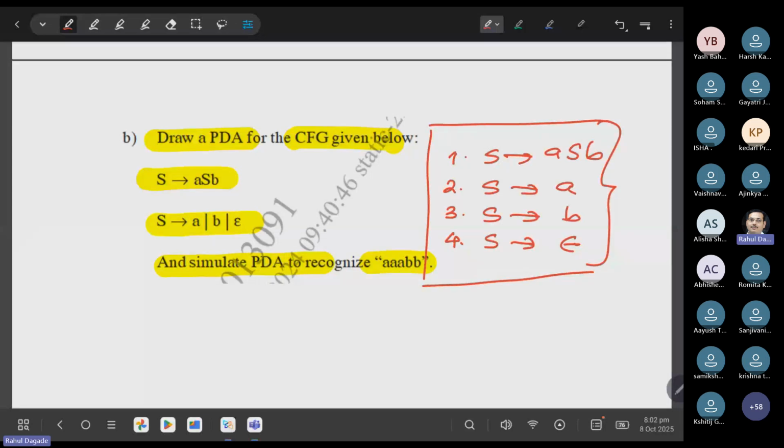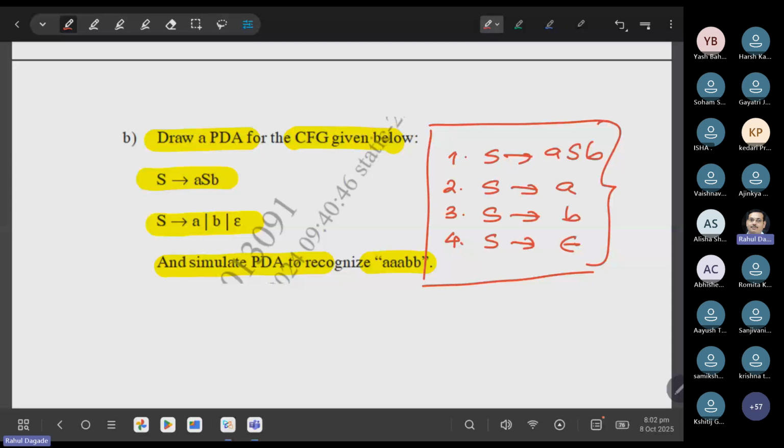So this is how we have completed the push down automata unit. Tomorrow we will see the next unit, which is Turing machine. Turing machine is an advanced machine of the PDA.